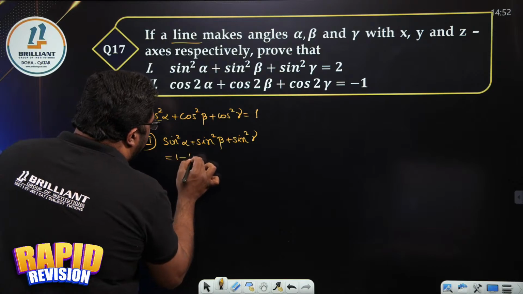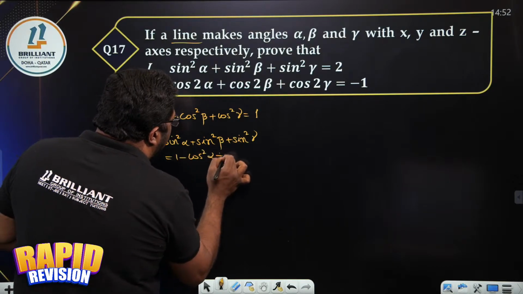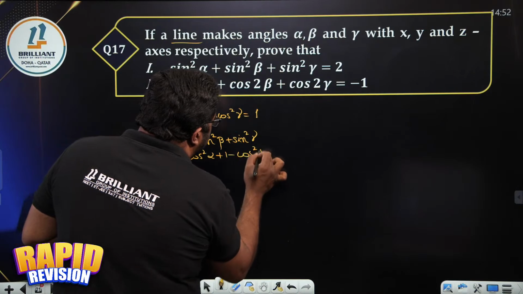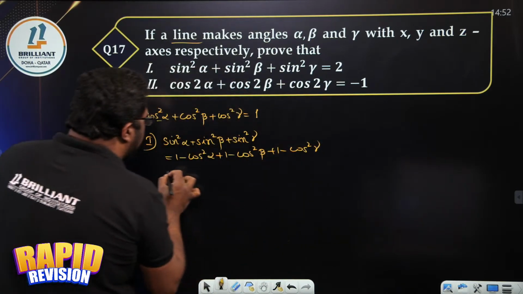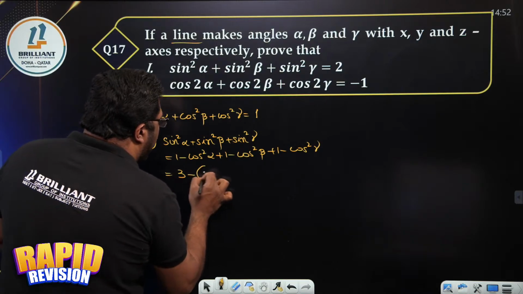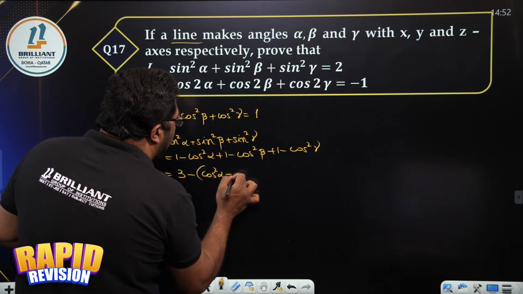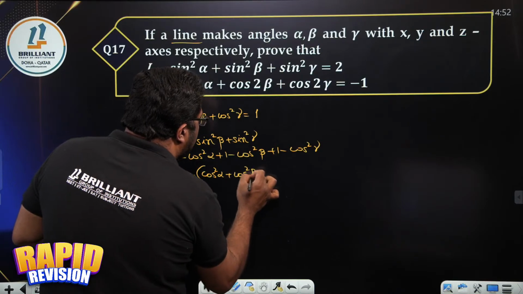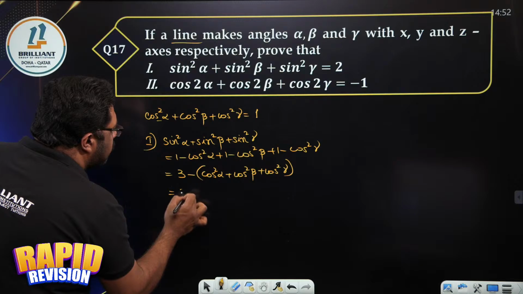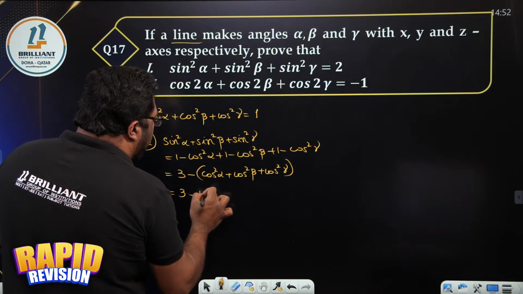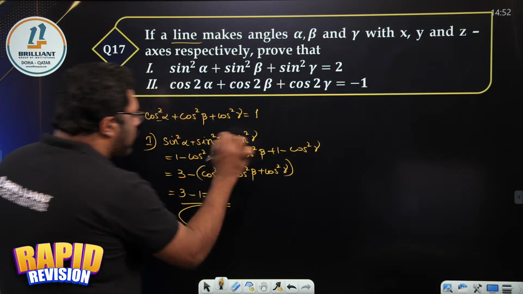This is (1 minus cos squared alpha) plus (1 minus cos squared beta) plus (1 minus cos squared gamma), which is 3 minus (cos squared alpha plus cos squared beta plus cos squared gamma), which is 3 minus 1, that is 2.